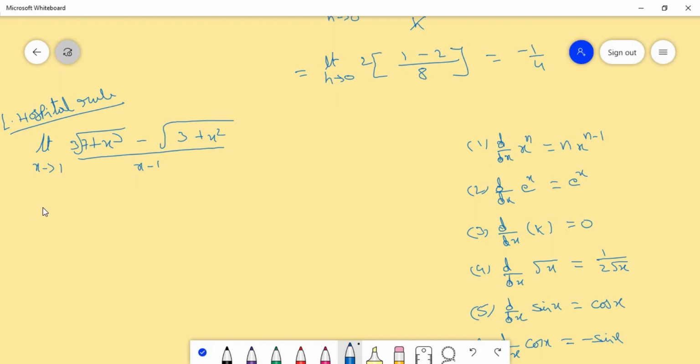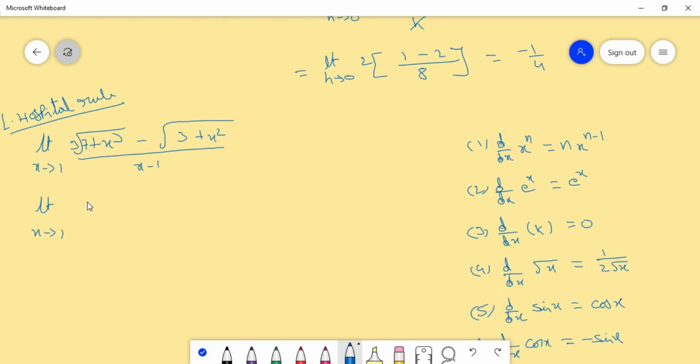By using L'Hospital rule, this is actually visible as a u by v formula. But in the L'Hospital rule, without using u by v, we do differentiation separately for the numerator and denominator. So, limit x tends to 1 as it is.